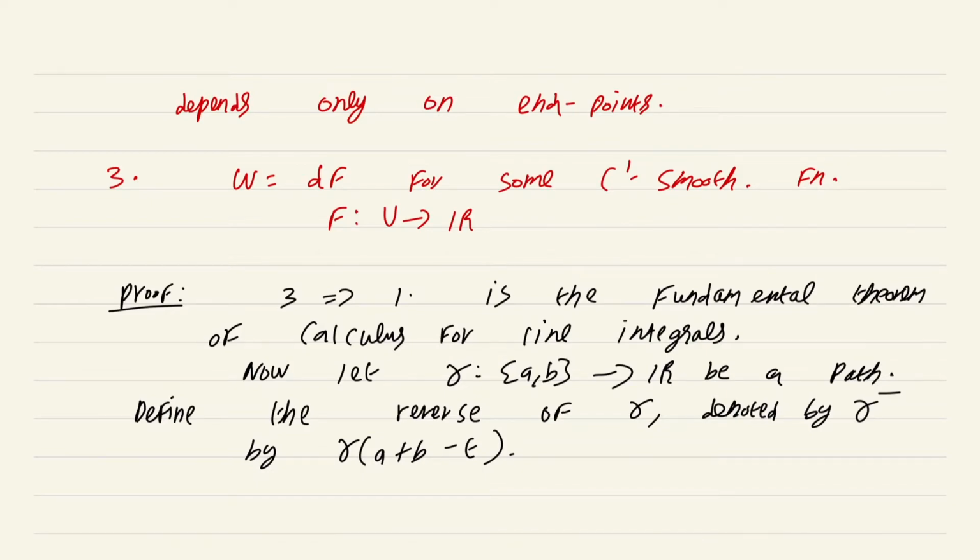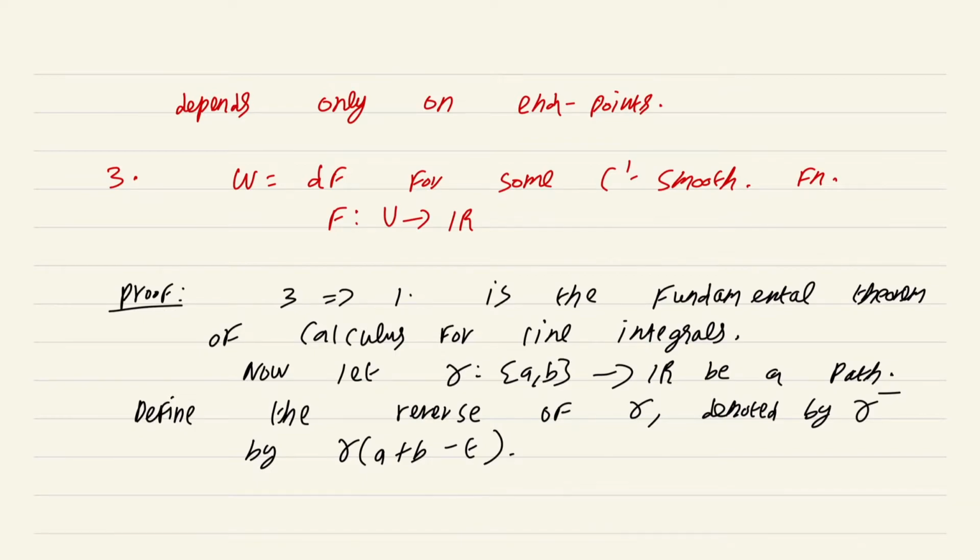Now I want you to sit down and think about this reverse gamma minus. It's certainly going to be a path because gamma is a path. But the interesting thing is it has the same trace as gamma, but it traverses gamma in the opposite direction. It starts from gamma of B and ends at gamma of A, as you can see.